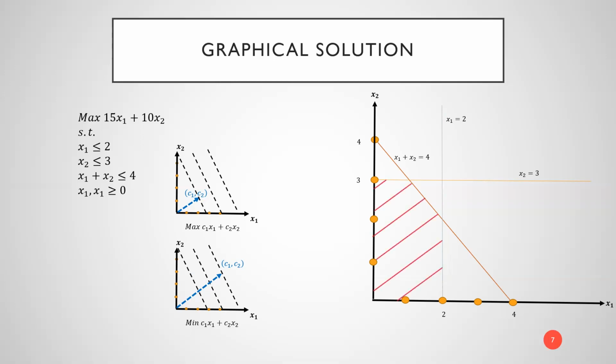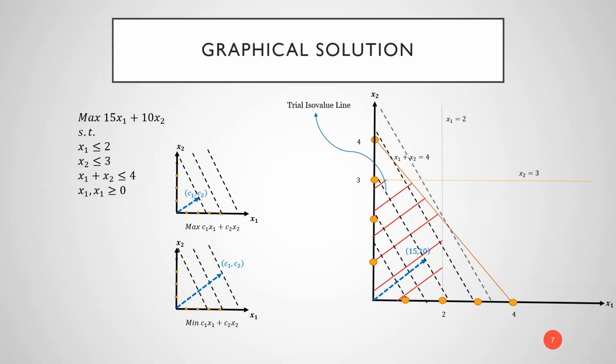So this is my feasible region. This is my objective function. And this is one of my trial isovalue lines. Because the problem is of maximizing type, I will start moving it in the direction of this vector. I will move it until I can't move it, because I will get out of the feasible region.